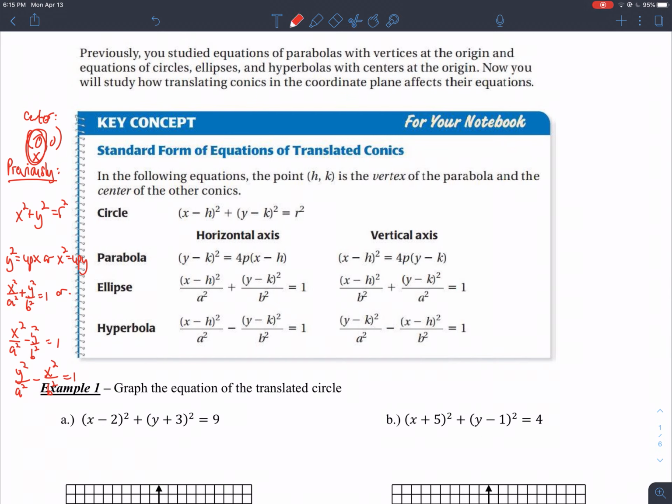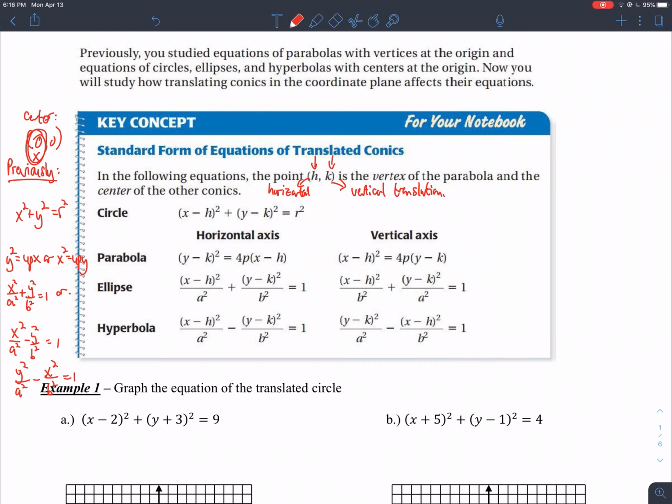Okay, so long story short, and you've known this from chapter 1, we're now in chapter 8. From chapter 1 we said that the letter H is associated with horizontal translation, and the letter K is associated with vertical translation.